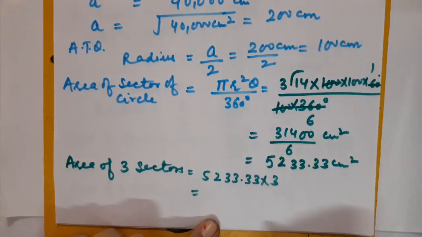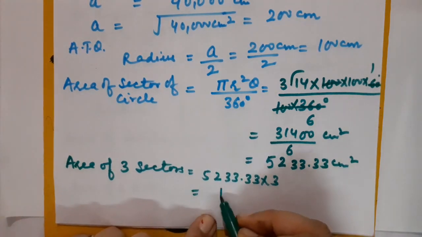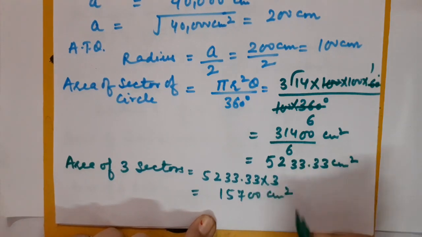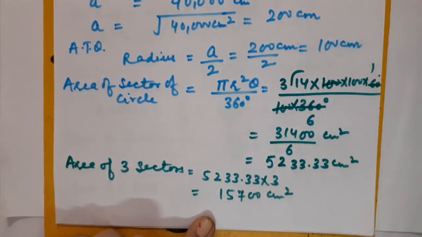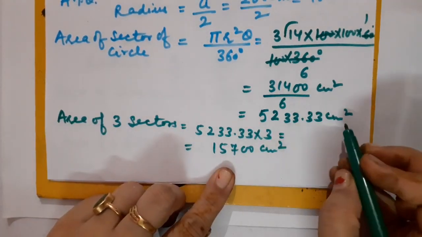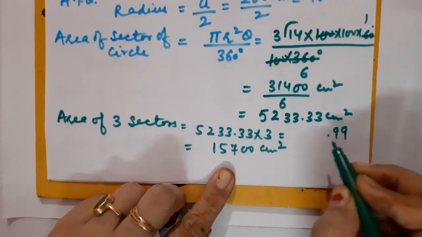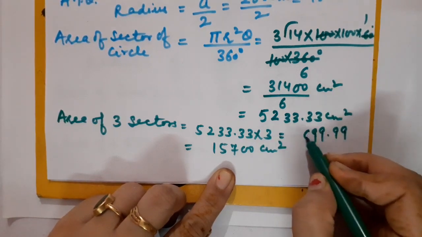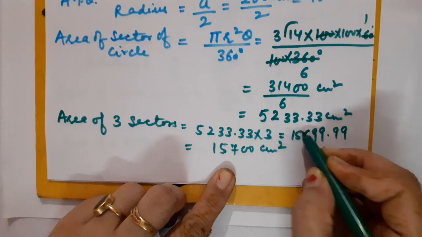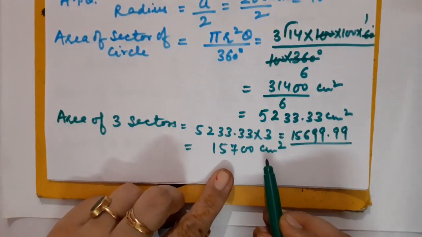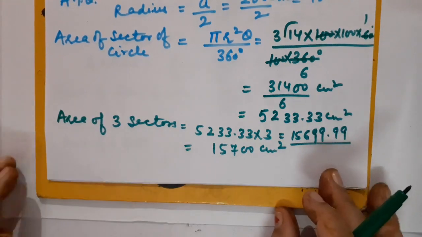When you multiply it, you will be getting 15,700 centimeter square. Actually children, I have just written it in round off, or you can do it like this also. This is 9 means 9 here also 9, then this is 6 and this is 15. So directly I have just made it round off. I have written 15,700 square centimeter.